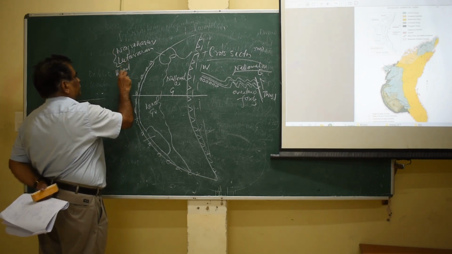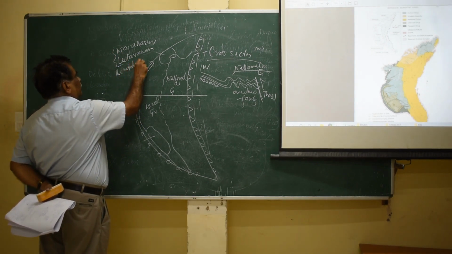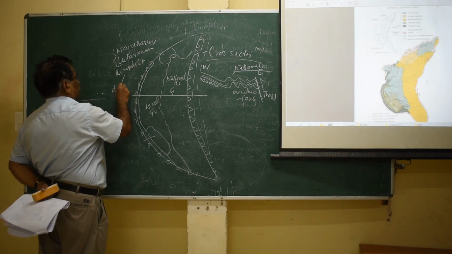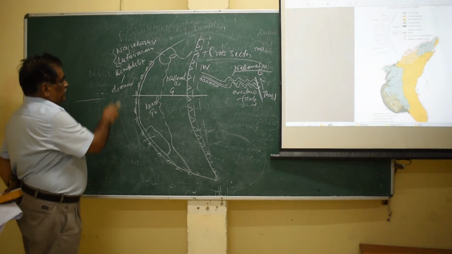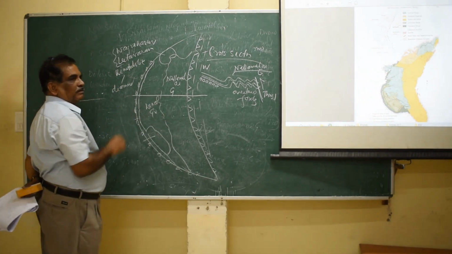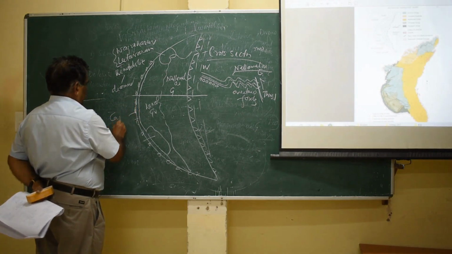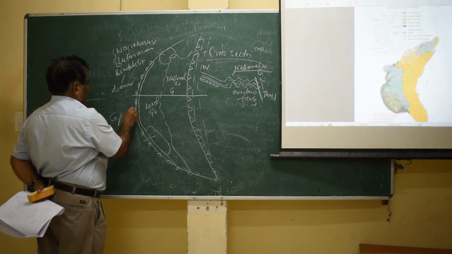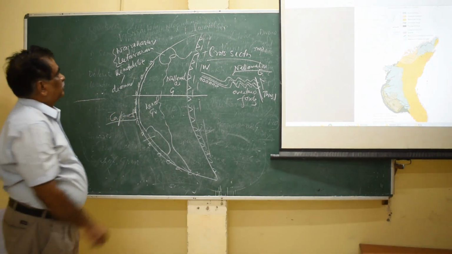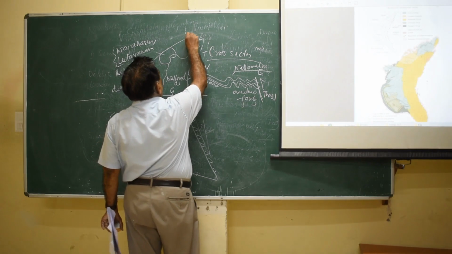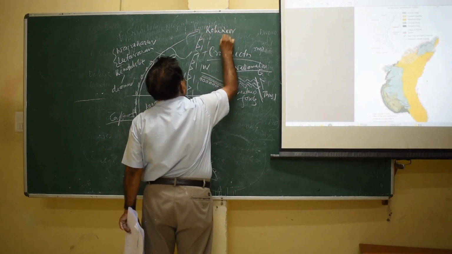Those pipes yield diamond. Vajrakarur, Latavaram. So these diamonds have been concentrated in these conglomerates. You must have heard the name of Kohinoor diamond.